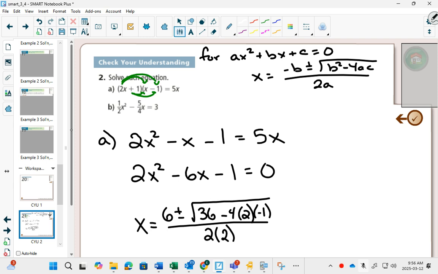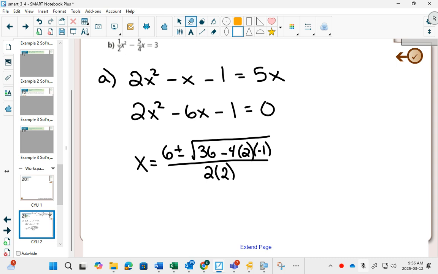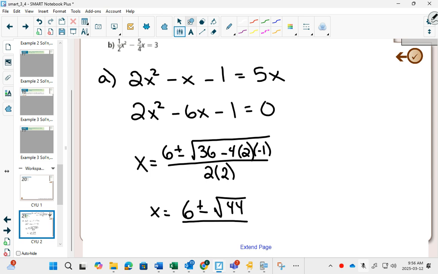Notice how I put the numbers in brackets when I substitute them in so that that -1 doesn't look like a subtract 1. And now we just have to simplify. 36 plus 8 is 44. All divided by 4.